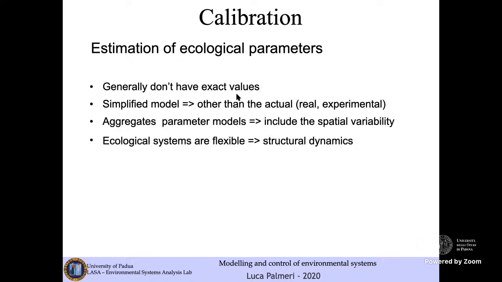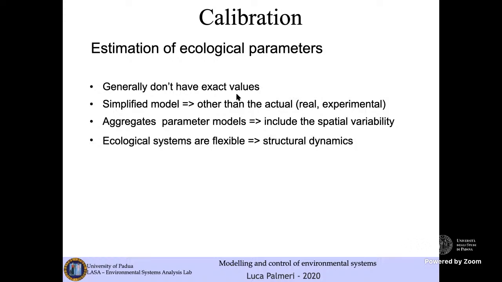We also have to take into account that in certain conditions we have aggregated parameter models in which you are including, for example, the spatial variability of the system. So maybe some parameters may change their values in different places of the system.